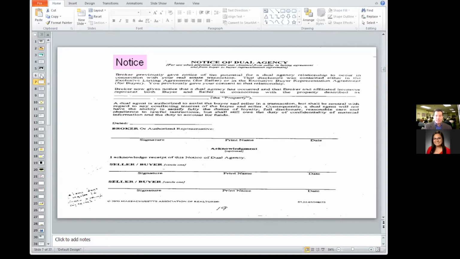25 Main Street is listed by my company, and we are a traditional real estate firm. Since my company represents the seller and my company represents Mary, because we're a traditional firm, I would become a dual agent at that time, representing both the buyer and the seller, and I would have to give a notice at that moment.